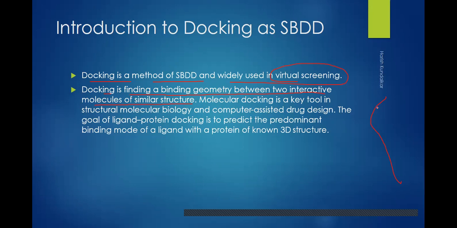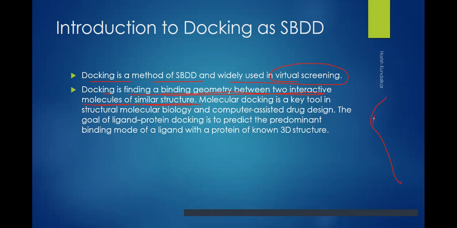Docking is finding the binding geometry between two interactive molecules which are of similar structure. So we have a receptor, its active site, and then we'll try to dock a ligand into the active site of the receptor.